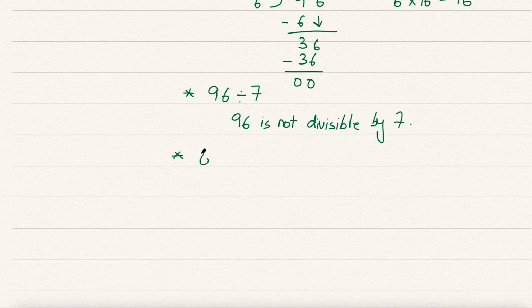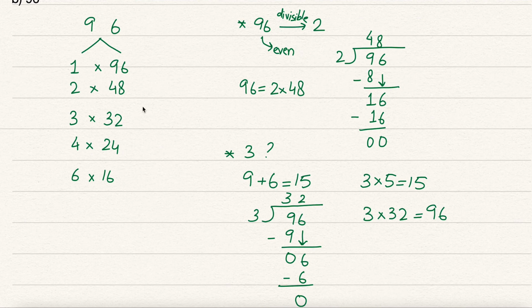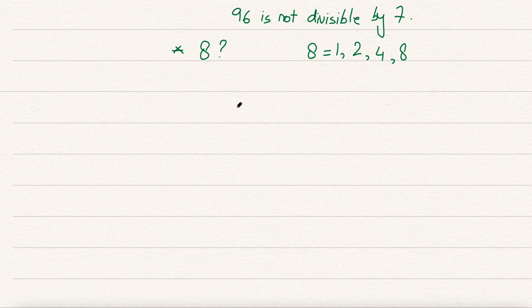Now check if 96 is divisible by 8. The factors of 8 are 1, 2, 4, and 8. Check if 96 is divisible by 2 and if it is divisible by 4. So let's go to the list of factors. Here you can see that 96 is divisible by 2 and 96 is divisible by 4. That means it will be divisible by 8. Let's divide 96 by 8.